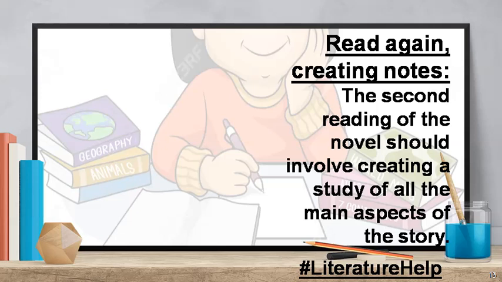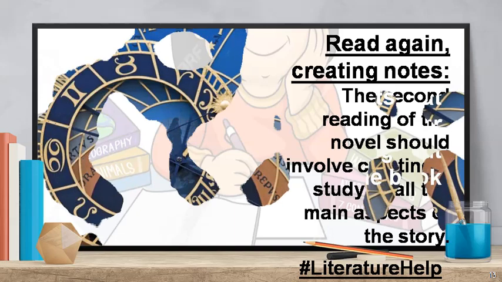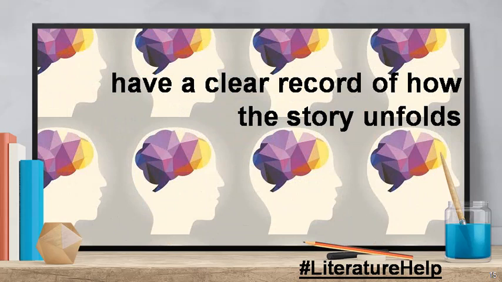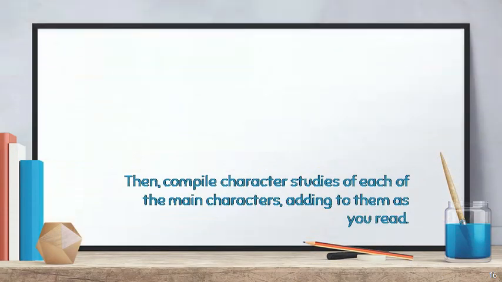Read again. Creating notes. The second reading of the novel should involve creating a study of all the main aspects of the story. First, create a timeline of events that occur throughout the book so that you have a clear record of how the story unfolds. Then, compile character studies of each of the main characters, adding to them as you read.